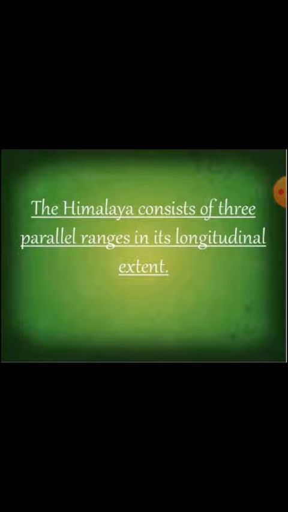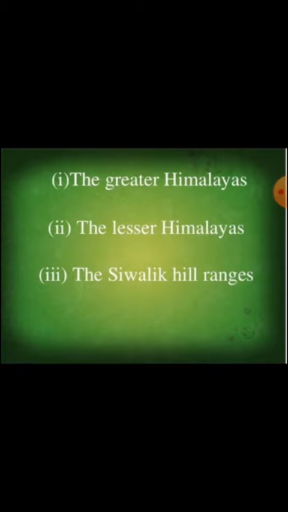The Himalaya consists of three parallel ranges in its longitudinal extent. First are the Greater Himalayas, second are the Lesser Himalayas, and the third are the Shivalik ranges.